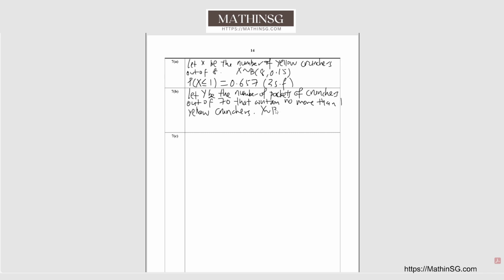Now the distribution of Y is binomial with n equals 70 and p equals 0.657, which is what we found in part A.